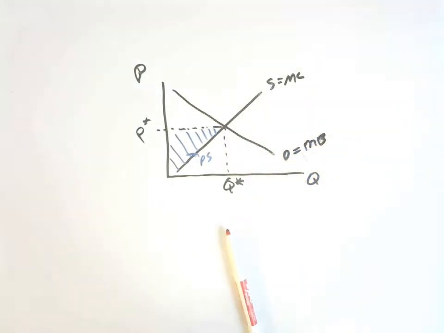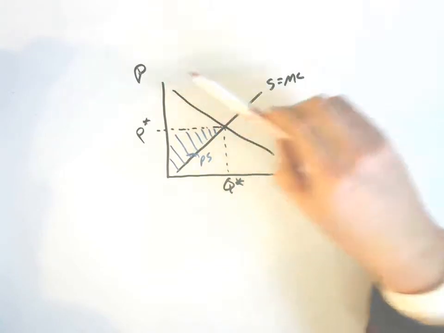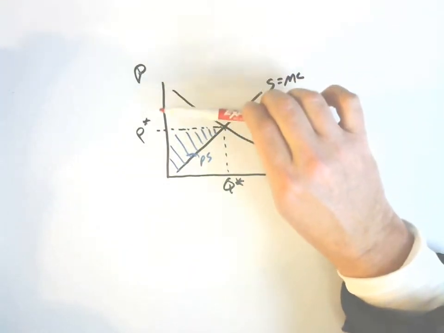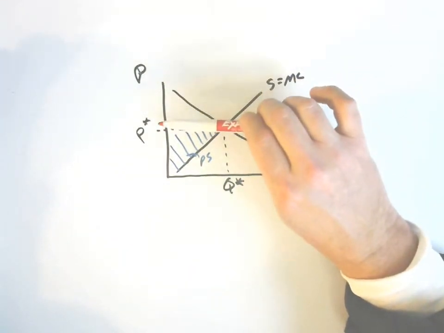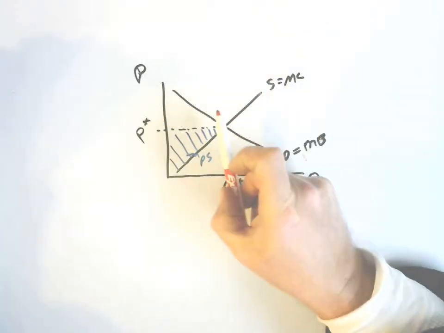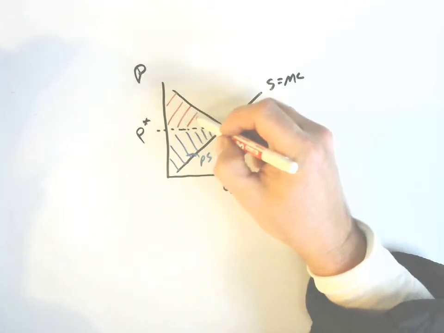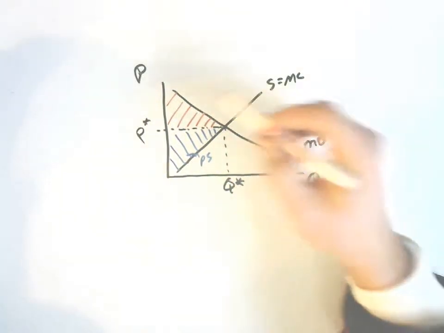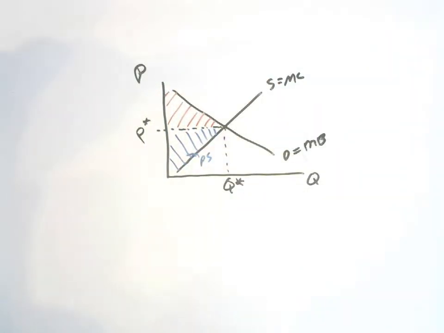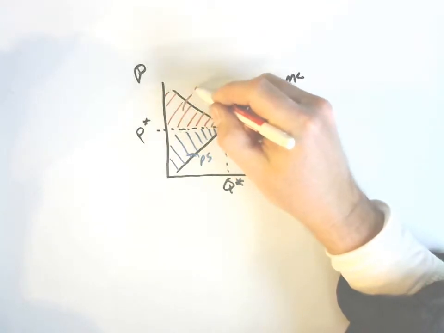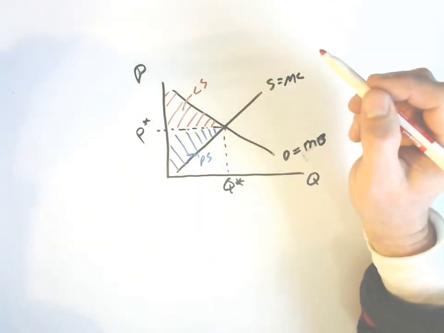Bounded below by the effective price the consumer has to pay for the product, and bounded on the right by the quantity of the product the consumer consumes, which is the quantity traded of the product. So that area there is consumer surplus.